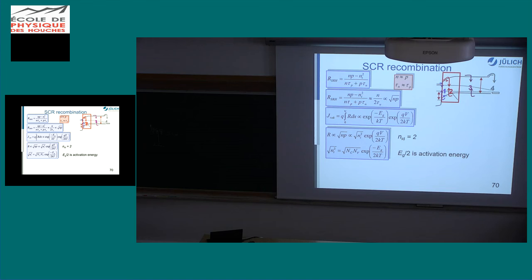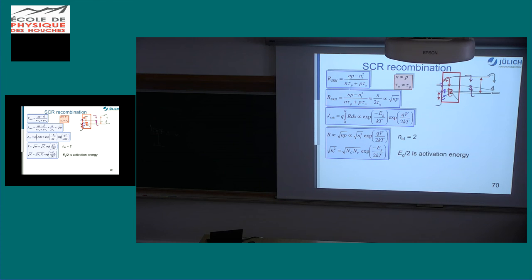And now I'm happy that I discussed the PIN stuff already before, and we found out that in this PIN, if you have the recombination just in the middle, you end up with something like an ideality factor of 2. And you have also seen that the barrier is halved in that equation, so the activation energy in that case would be just half of the band gap energy, and there's no need to go through those equations.